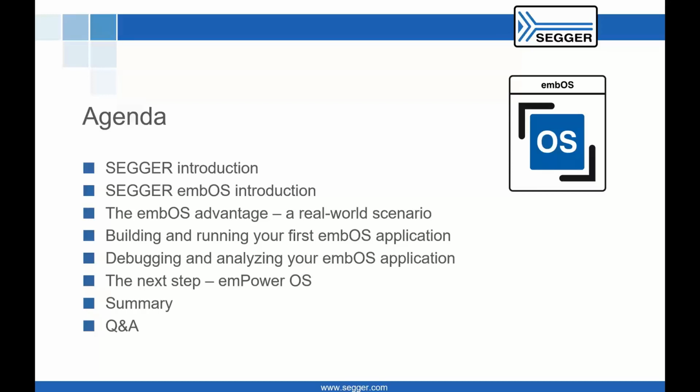Then we'll switch into a bunch of live demos where we will build and run an embOS application. And then we'll also do a second demo where we start debugging and analyzing that application as well. As a next step, we'll look at embPower, which is SEGGER's platform operating system for embedded systems. And then we'll have a summary, and then we'll see how many questions still remain.